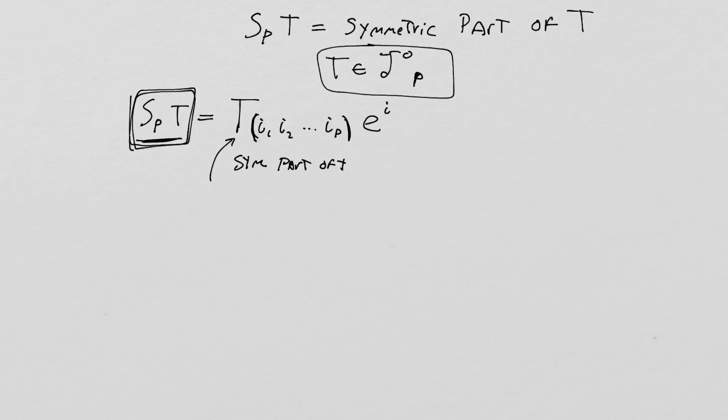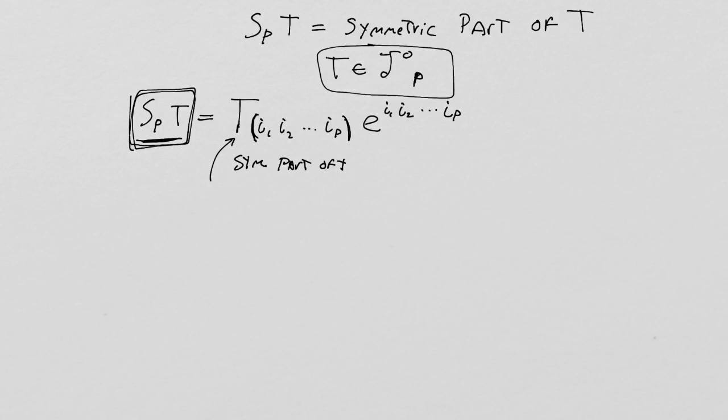In other words, I could write, no, first of all, let me finish this. I have to write this as I1, I2, to IP, because whenever I write components, the method I'm using, I like to keep the basis vectors with me. So in order for this to be a tensor, I need to have the basis vectors too. You're still summing over all of these things, but now these parentheses tell me I'm dealing with this.